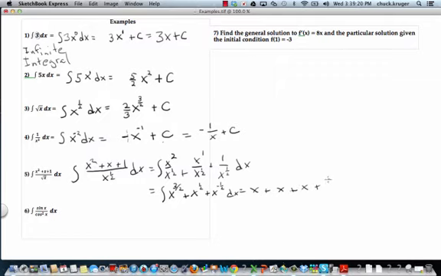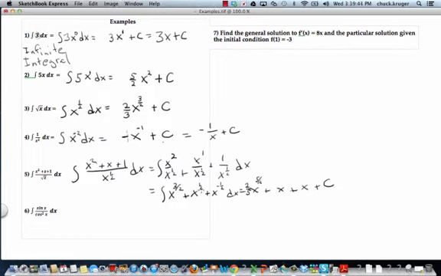plus c. All right, so I'm going to add 1 to this. So I'm going to add 1 to 3/2, and I'm going to add 2/2 to 3/2. That's going to give me 5/2 multiplied by the reciprocal, which is 2/5. So this term is 2/5 x to the 5/2.